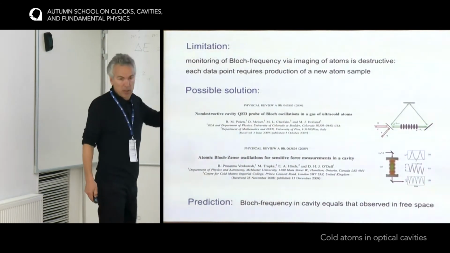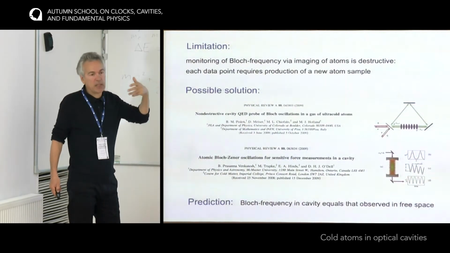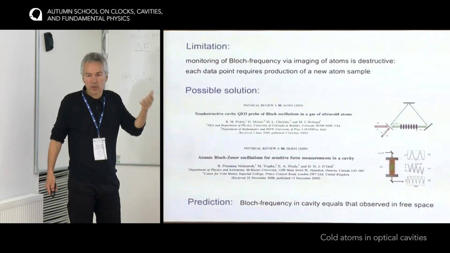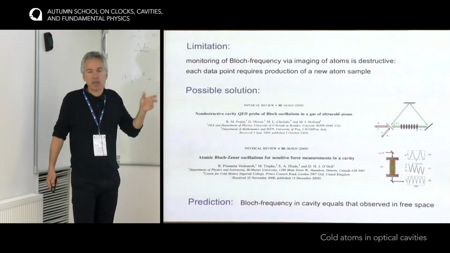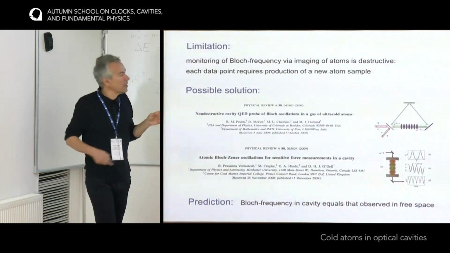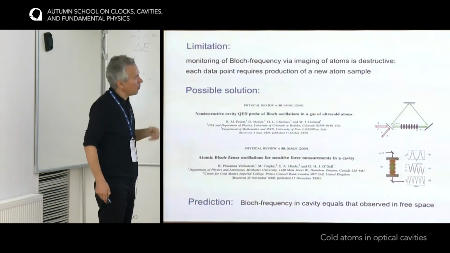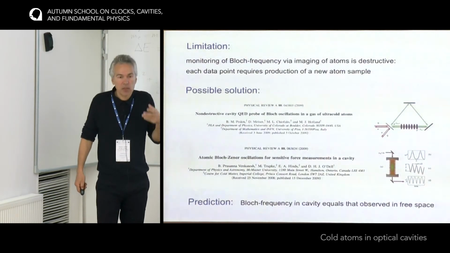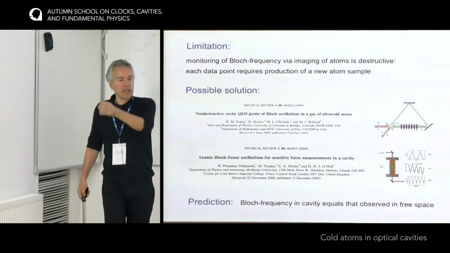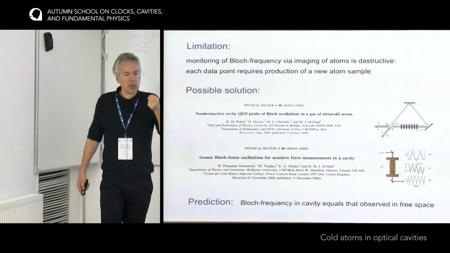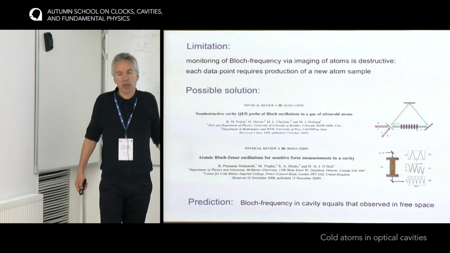So each point on your Bloch oscillation basically requires to make a new BEC, and so the speed of data acquisition has some limitations due to that. And then the question has arisen already some years ago whether using a cavity you could monitor the oscillating wave packet in your lattice through the photons coming out of the cavity.